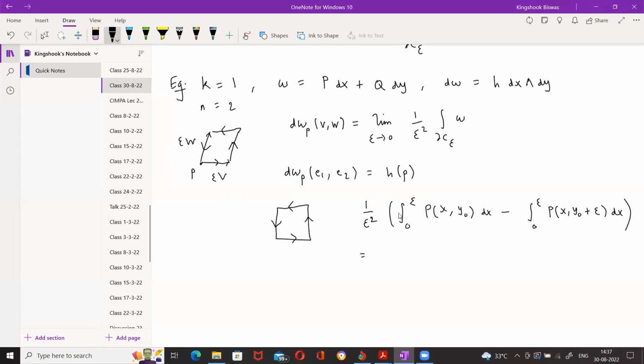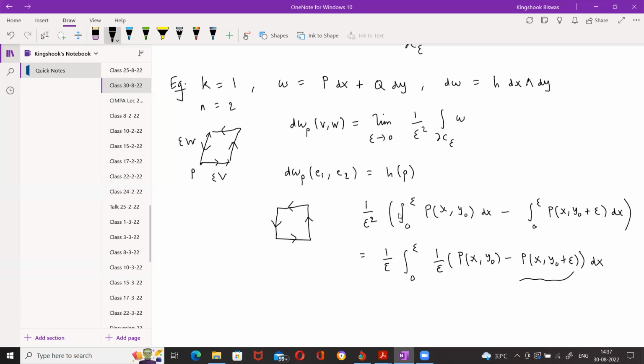I'll take 1 epsilon out, and then inside I have another epsilon. And this is basically like a partial derivative of p, right?